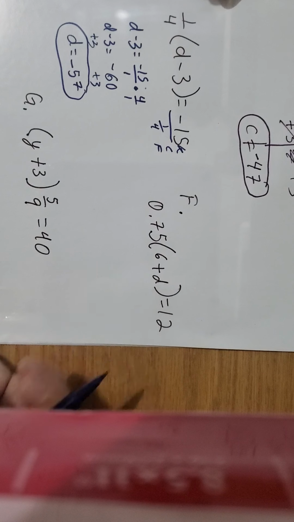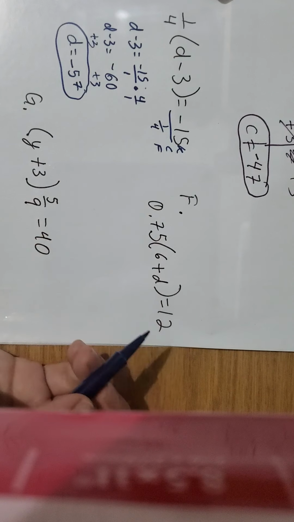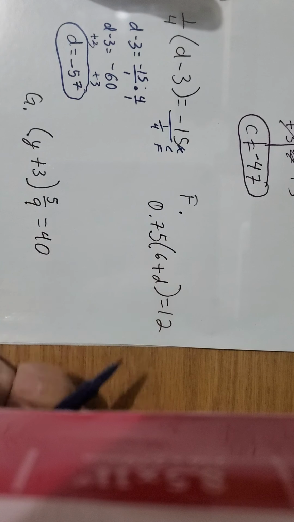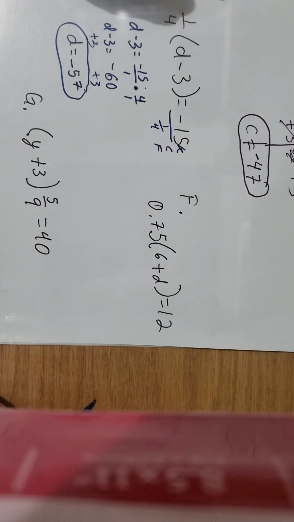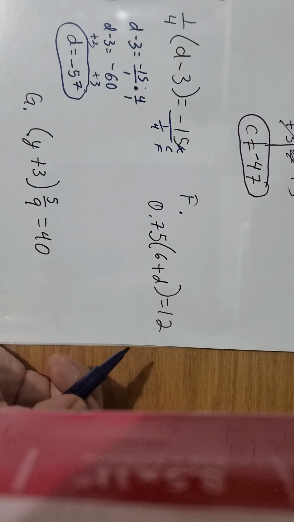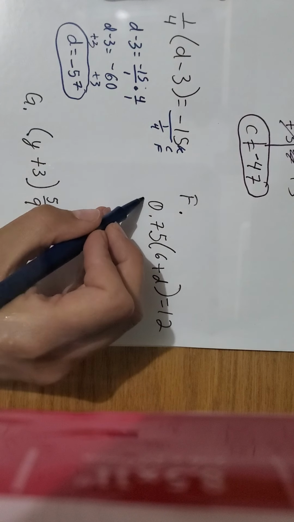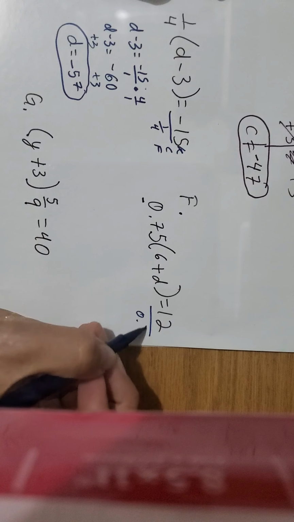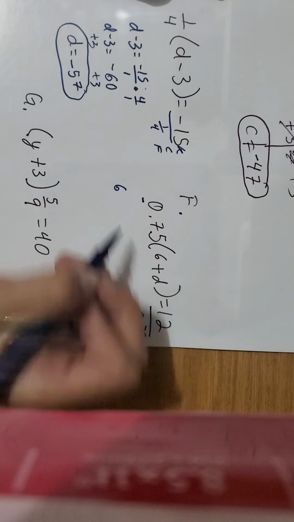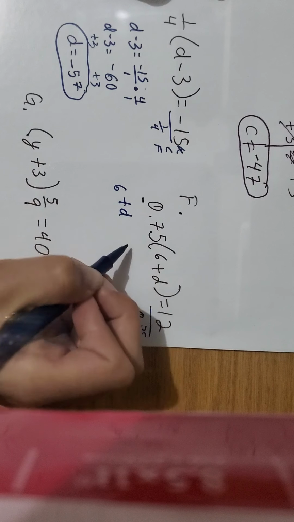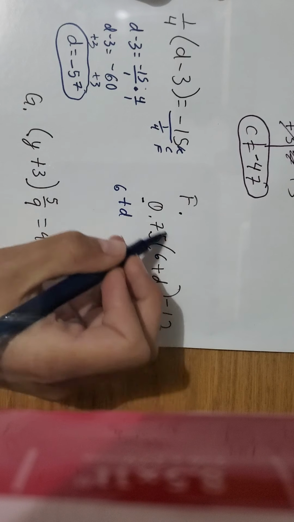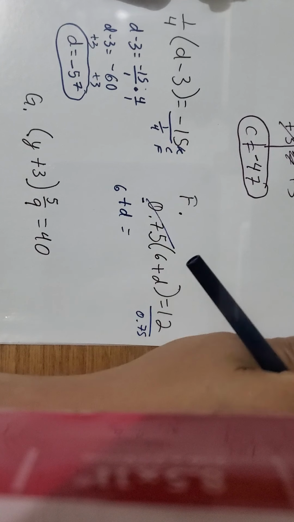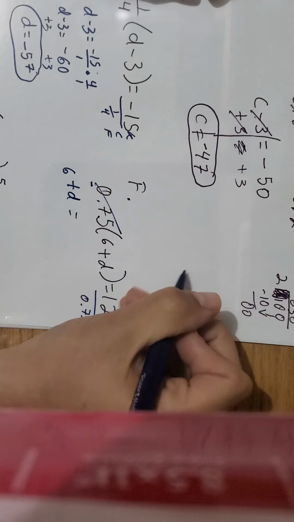Okay, in this case, you can do distributive property, or you can just use the other method. I think the other method goes a little bit faster when it comes to fractions and decimals. So if we do that, we would have divided the left and the right side by 0.75, giving me 6 plus d on the left side, right? Because this would have been gone, equals, I'm gonna go ahead and do this a little bit over here.